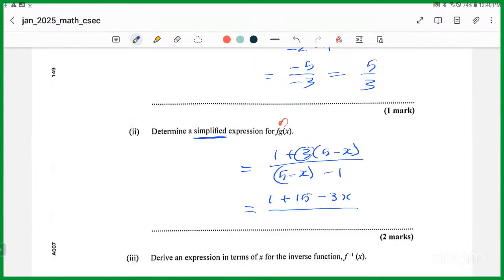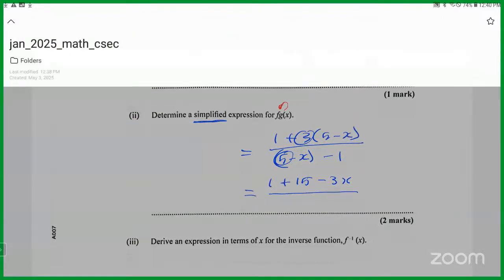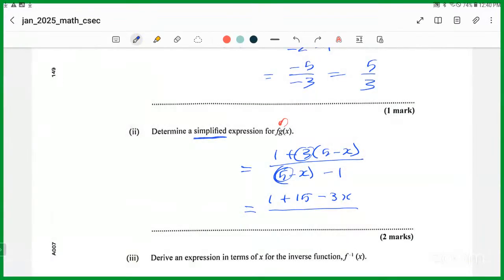Over 5 and minus 1, this is 4, minus this x. And let's reduce it further. It simplifies into 16 minus 3x over 4 minus x. That is it.